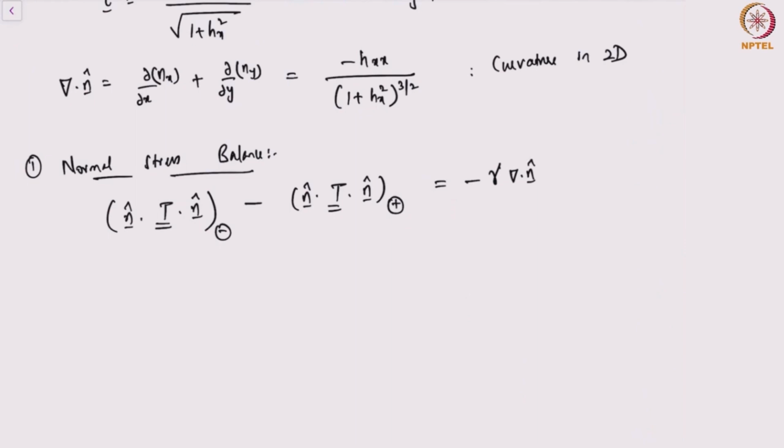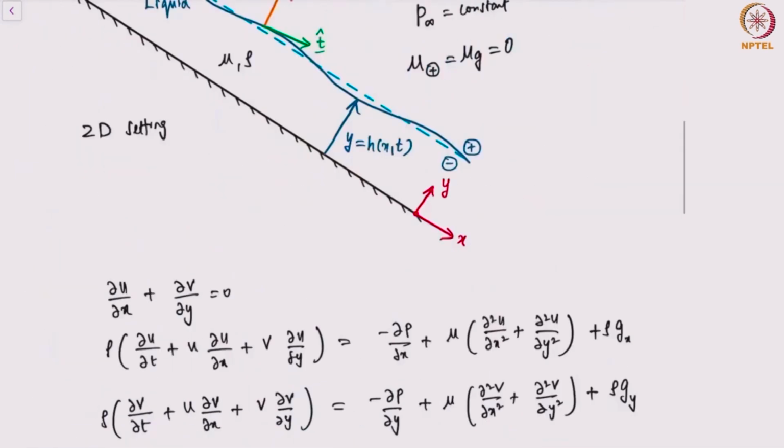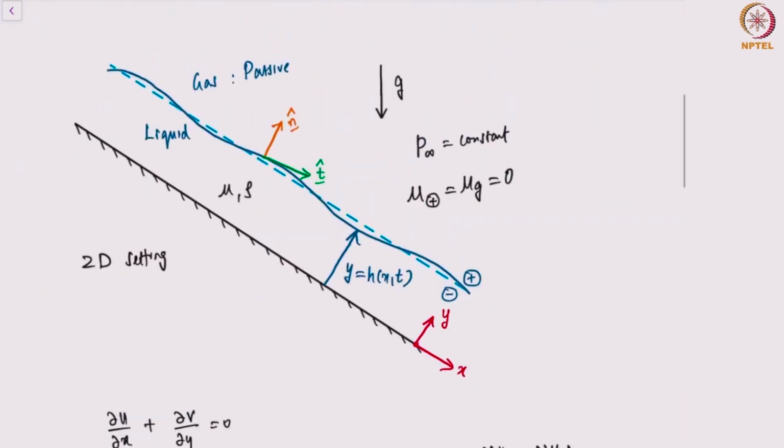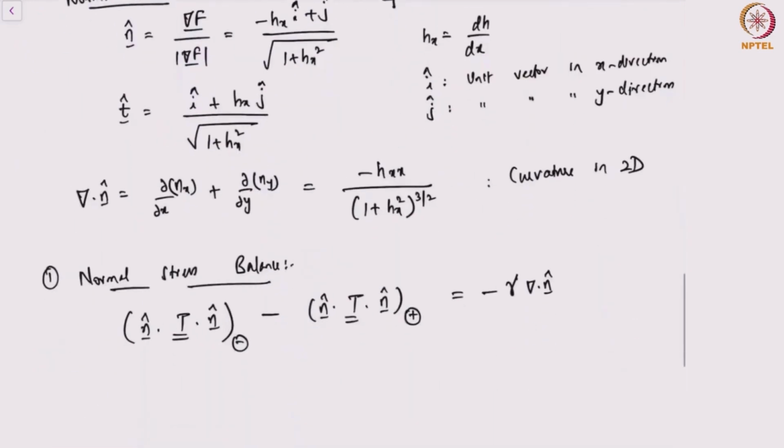Note that if you look at the original sketch, I have taken the interface normal vector to go from minus to plus. So minus is the liquid and plus is the gas above, right?